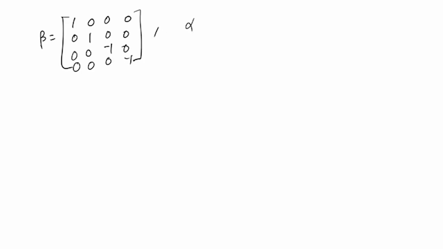So, let me finally write these matrices. Beta is 1 0 0 0, 0 1 0 0, 0 0 minus 1 0, 0 0 0 minus 1. Alpha x has sigma x there, so it is 0 sigma x, sigma x 0. That is 0 0 0 1, 0 0 1 0, 0 1 0 0, and 1 0 0 0. Okay.